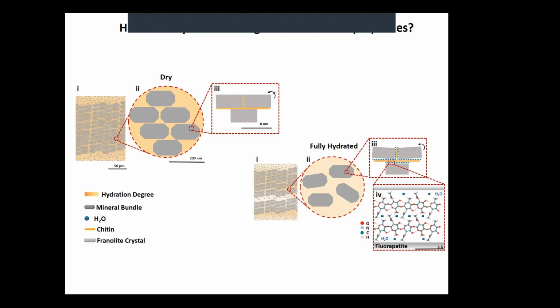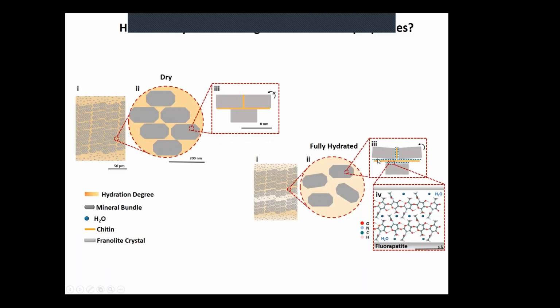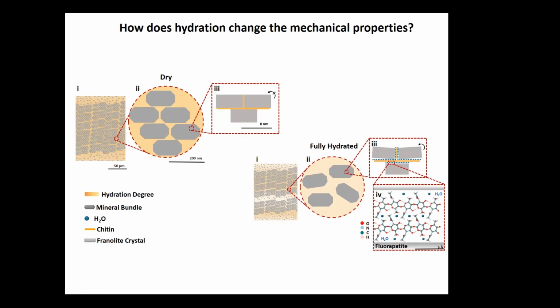When the shell absorbs water, this organic material takes the water, it swells, increases the space between these rods, and also we have water intercalating between the mineral and the chitin, which again is adding mobility to the individual building blocks. So the whole structure, the different components, can move with respect to each other when water is absorbed. So that's what water is doing.